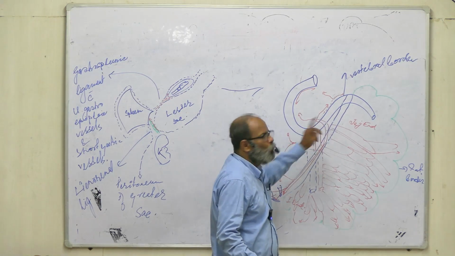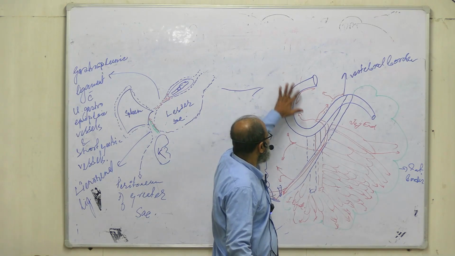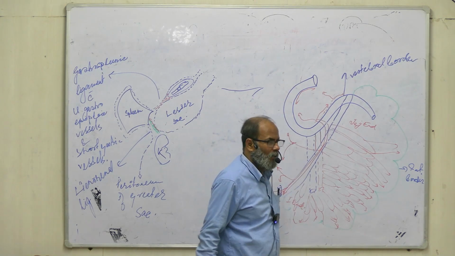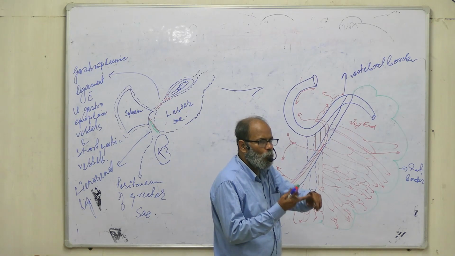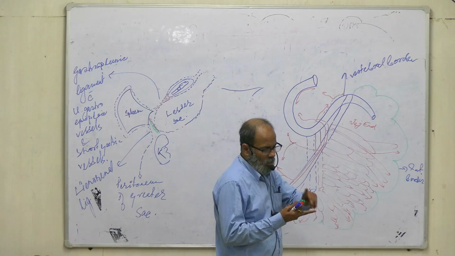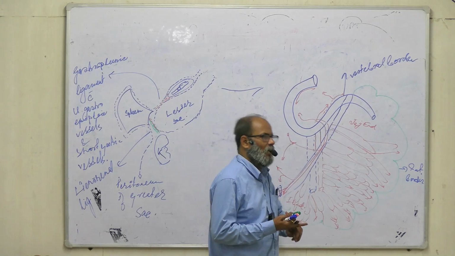Or the first branch could be the inferior pancreaticoduodenal. The superior pancreaticoduodenal is a branch of the gastroduodenal artery coming from the hepatic artery.